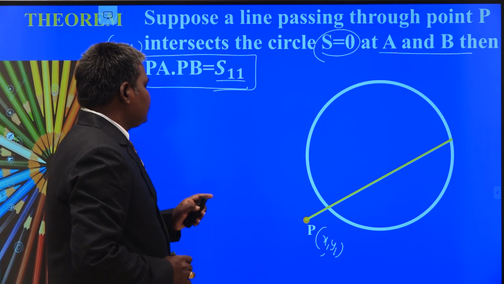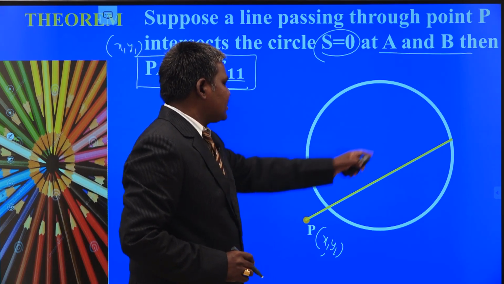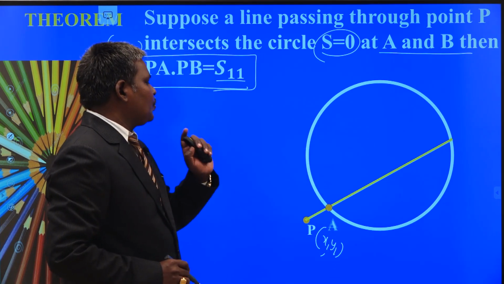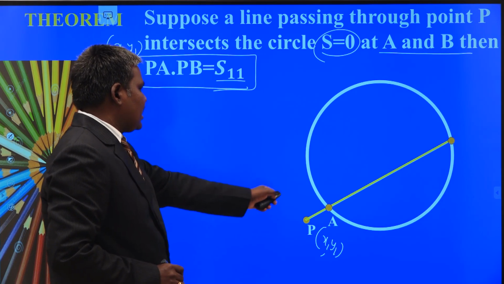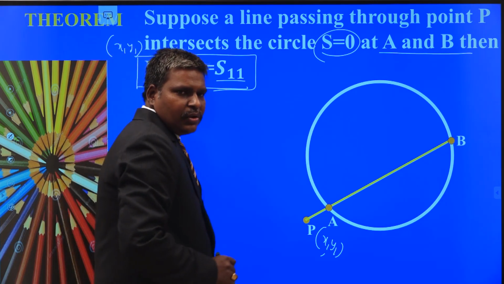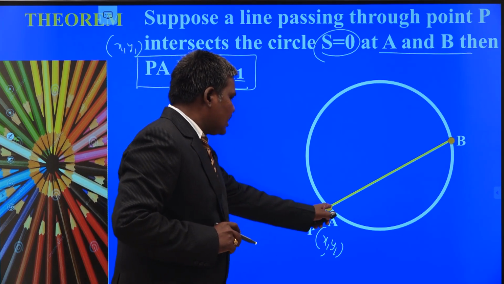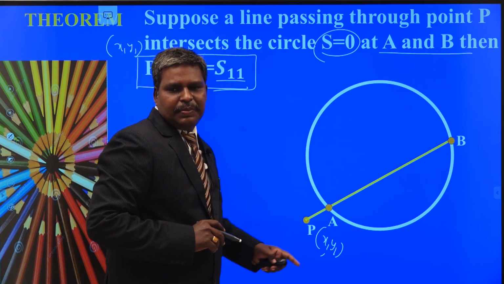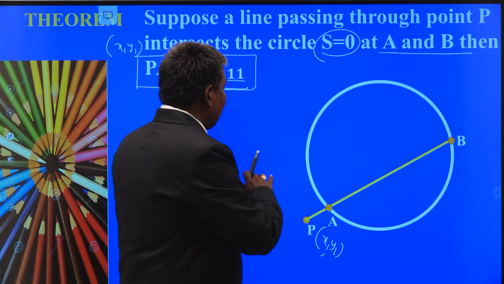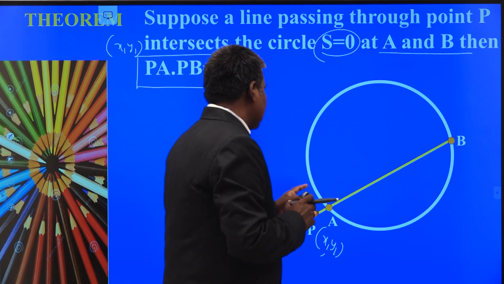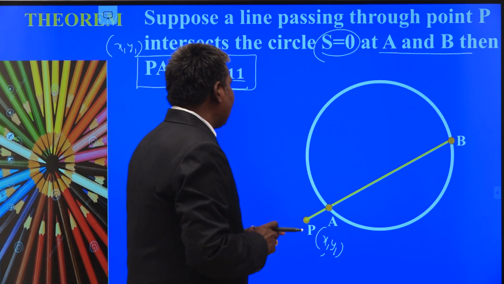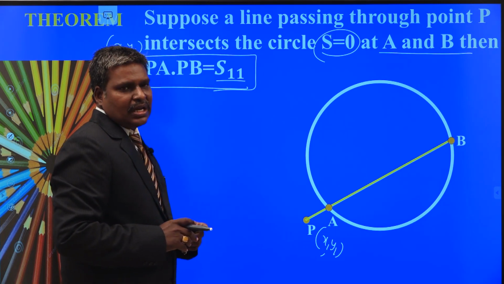This is the line passing through P that intersects the circle at two points, as shown in this figure. They are A and B. This is the point P, this is A, and this is another point B. These two are the points of intersection of the circle with my line through the point P (x1, y1).